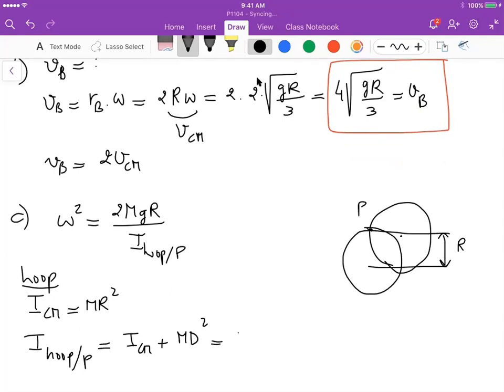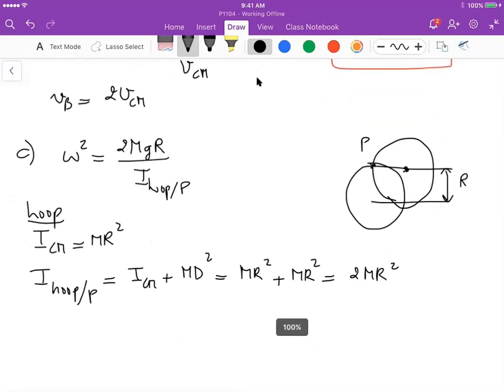And so we end up with mr squared, since d is equal to r again in this case, because between the center of mass and the pivot the distance is the radius, so plus mr squared, and so we end up with 2 times m times r squared.